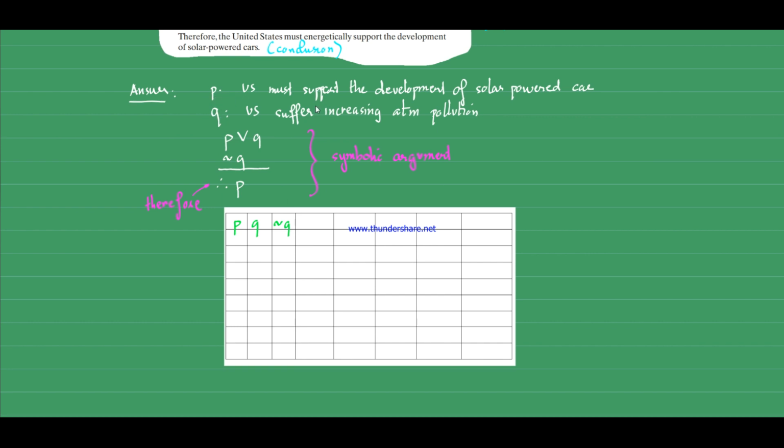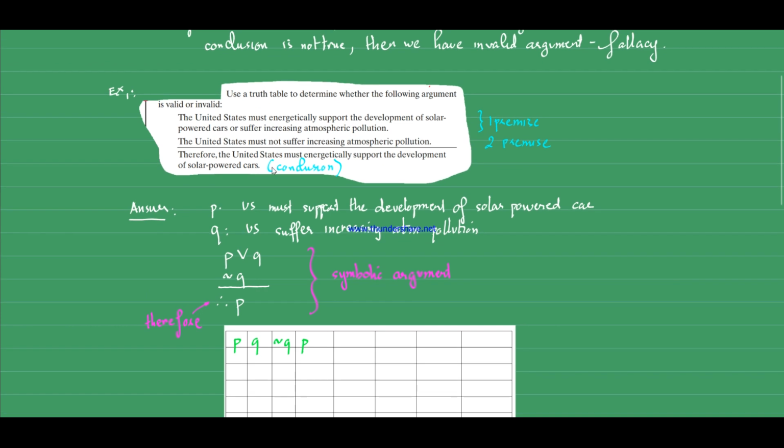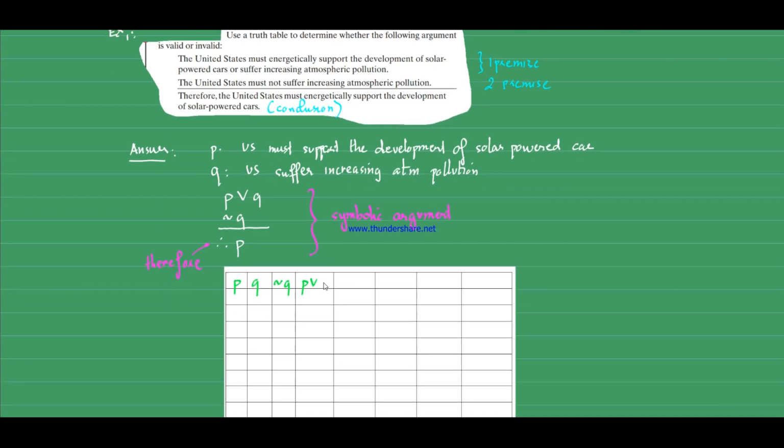We gotta do P disjunction Q first, because it's or, so we're gonna do that one. Then we gotta do the conjunction for the first two, for premise 1 and premise 2.